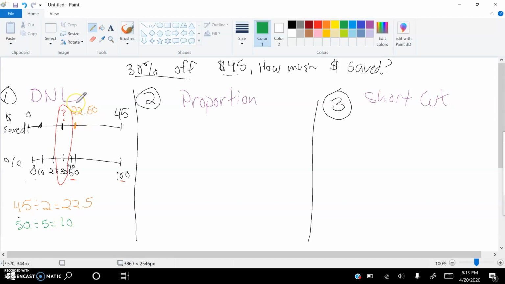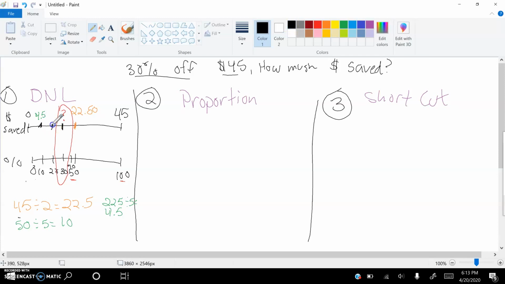Let's do 22.5 divided by 5. When we type that in a calculator, we get 4.5. So if we saved 10%, we would save $4.50.